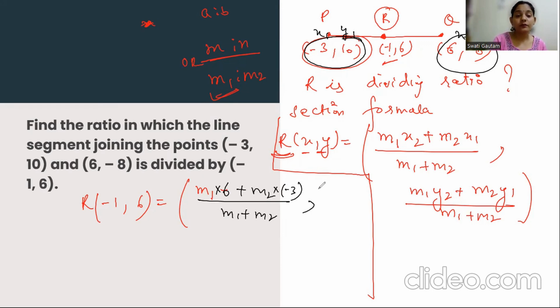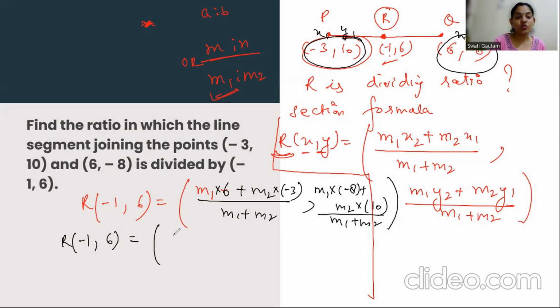Now again m1 y2 plus m2 y1 divided by m1 plus m2, right? Now, next is (-1, 6) equals 6m1, because we have minus with 3, so plus minus is minus.